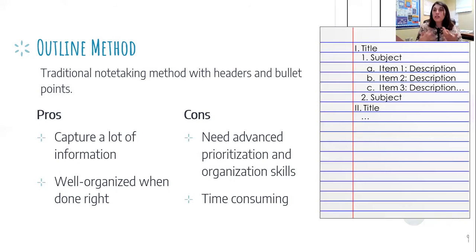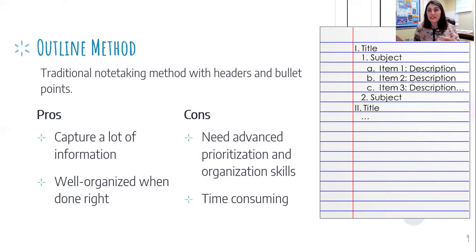And also, depending on the amount of information that you're writing down in the outline method, it can also be time consuming. A very common way that students take notes in the outline method is that they'll break the textbook out, they'll write down the headers, and then they'll have their bullet points underneath with what they believe to be the most important information.